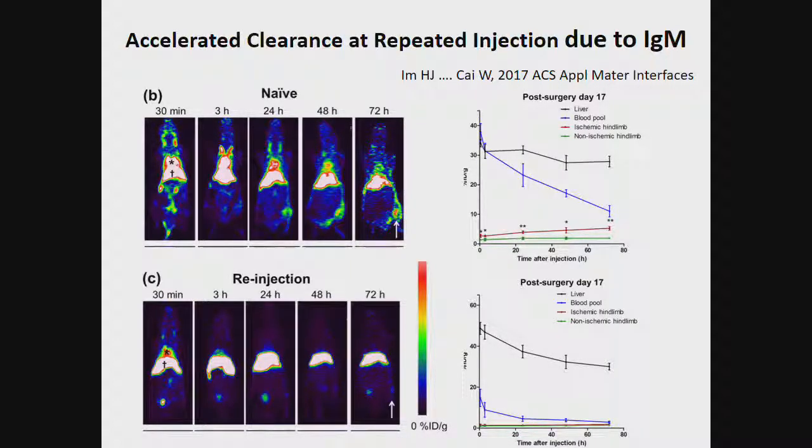The 2013 Cell paper and then the Science and Nature papers show our previous understanding of macrophages derived from monocytes is all wrong. Okay. And there is humoral immunity here. Kai and Weibo did this kind of experiment, and here IgM is generated, even against PEGylation, PEG.